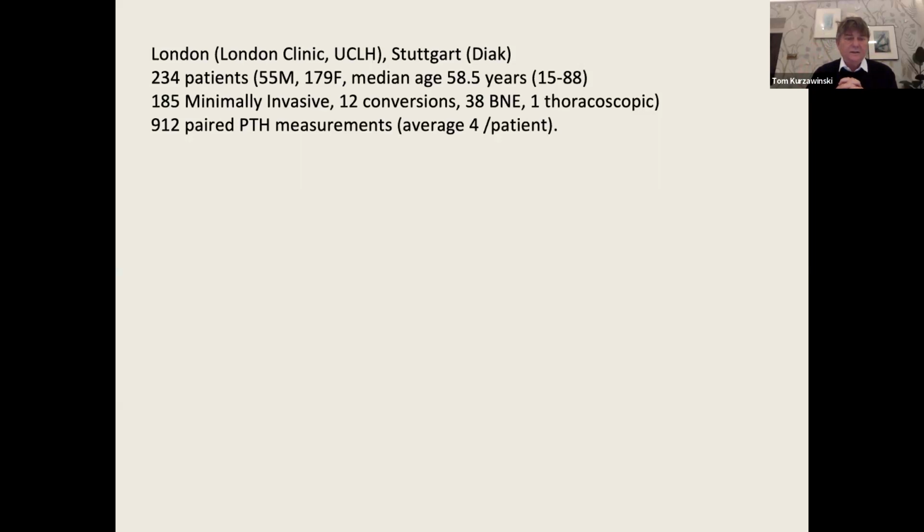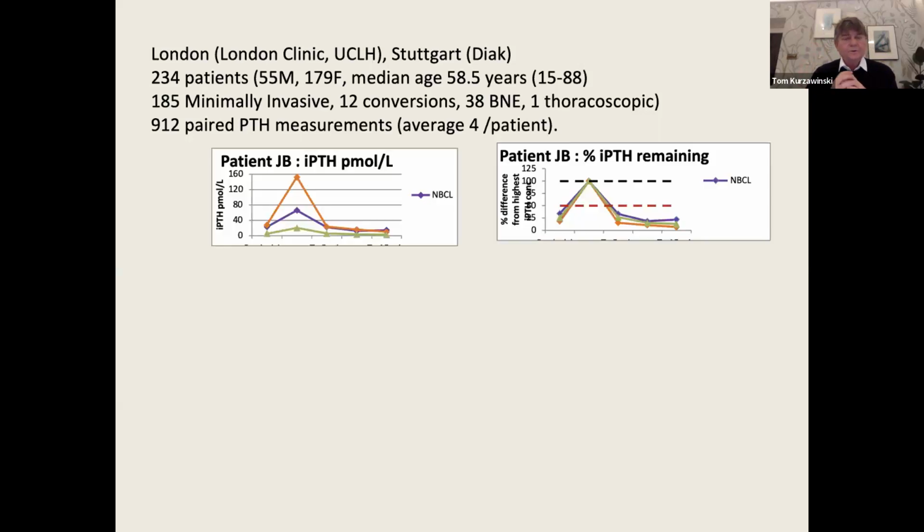analyzed the data on 912 paired PTH measurements. So each patient who was undergoing surgery had a PTH measured in 3 different ways. In both centers, the gold standard was the Future Diagnostic, so that's the orange line. Then there was an NBCL and the main platform. We used 2 different platforms, Roche and Abbott, but for the purpose of this talk, there was a control group on the main platform PTH.